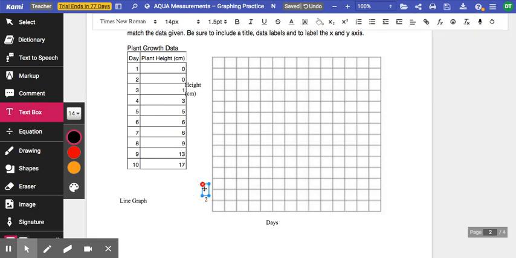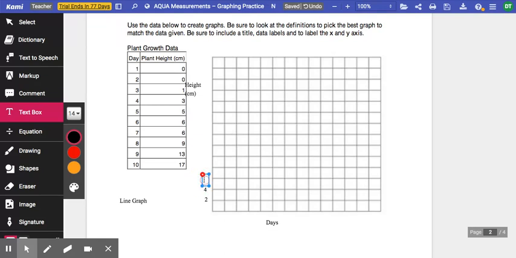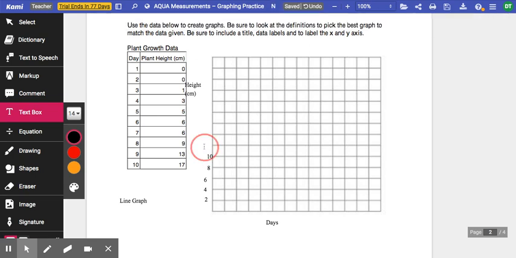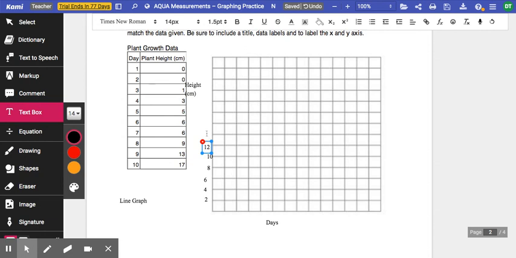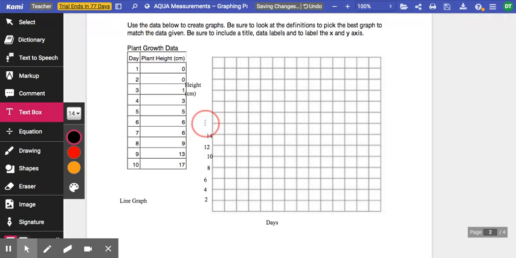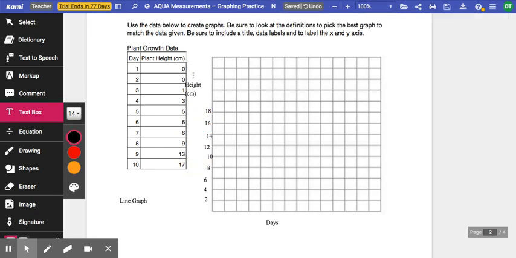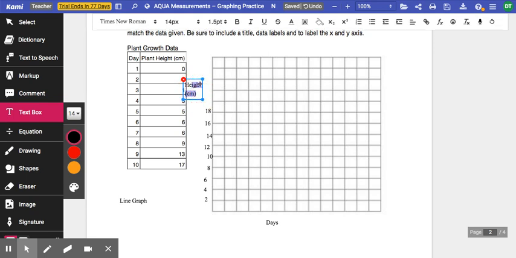So I'm going to do 2, 4, 6, 8, 10, 12, and I need to get past 17, so 14, 16, and 18. So I'm good, and that's my height in centimeters.